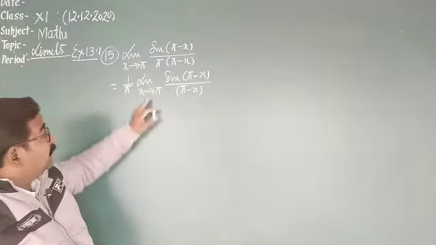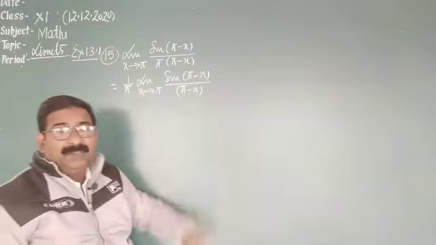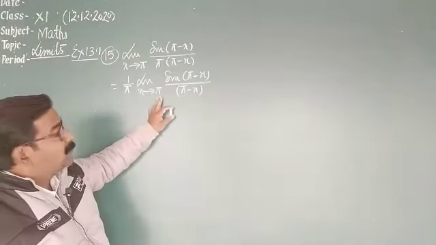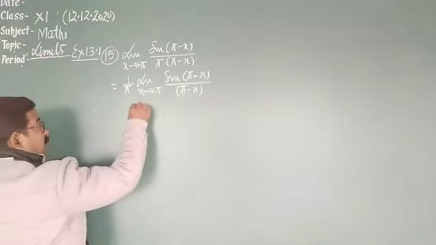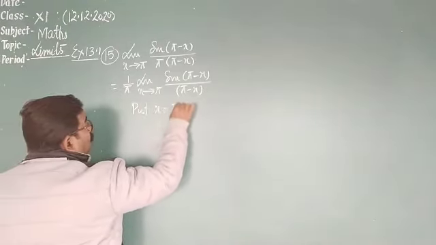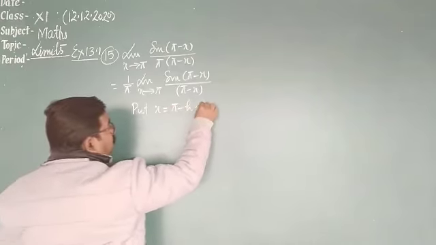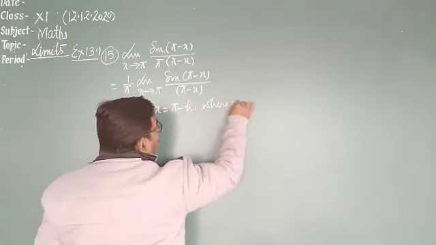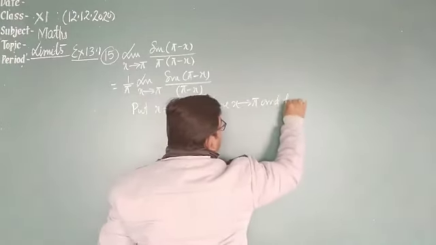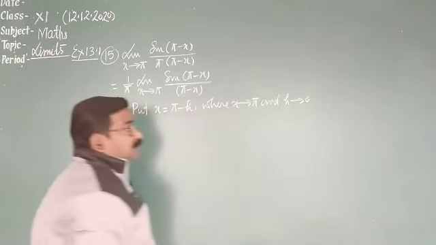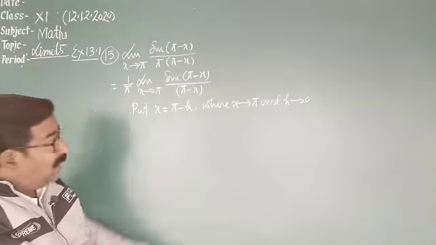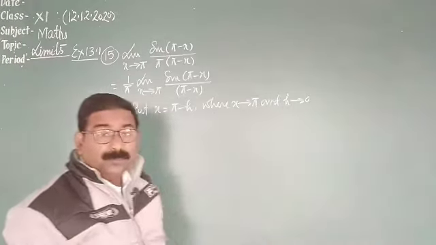So in this case we change the limit. And how do we change the limit? We subtract something from the limit. Like, put x is equal to pi minus h, where x is tending to pi and h is tending to 0. Means in place of x we write pi minus h and the limit is h tends to 0.